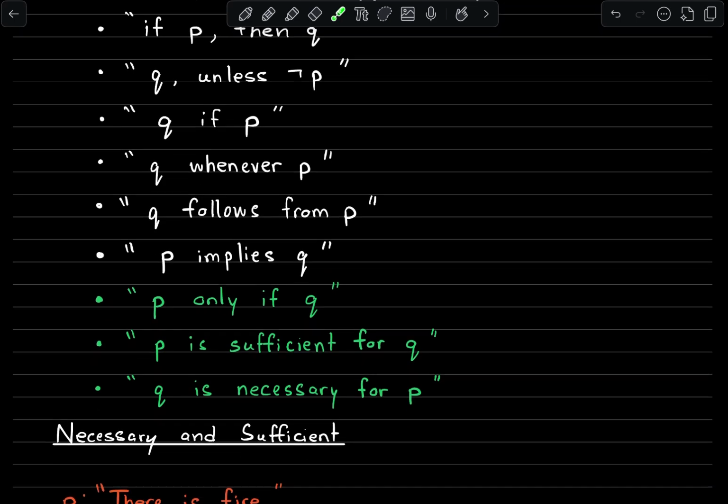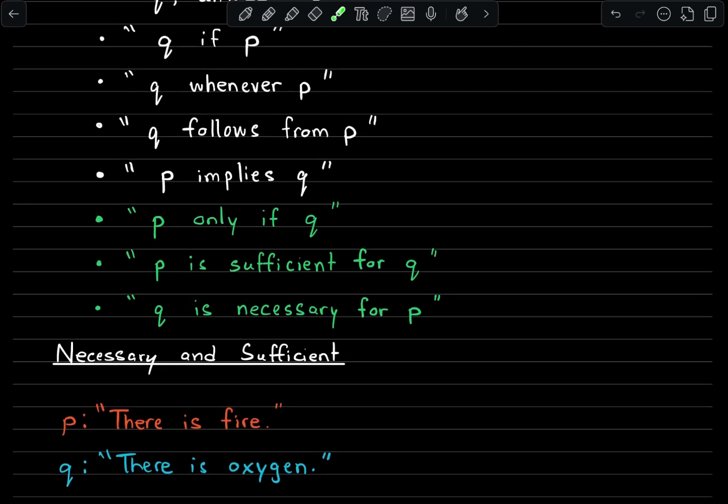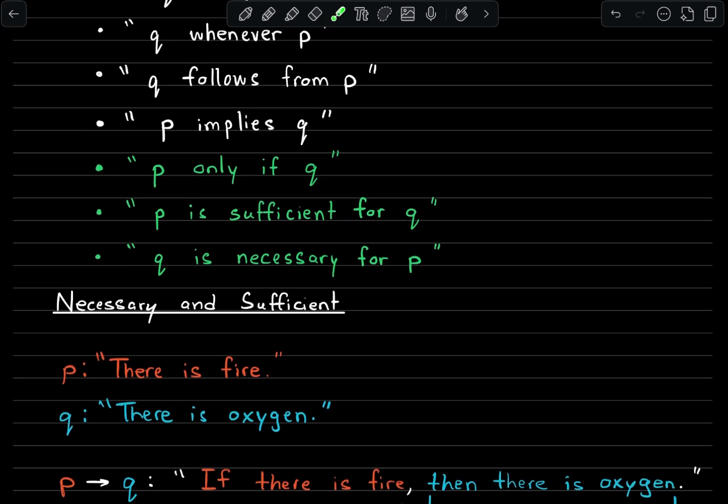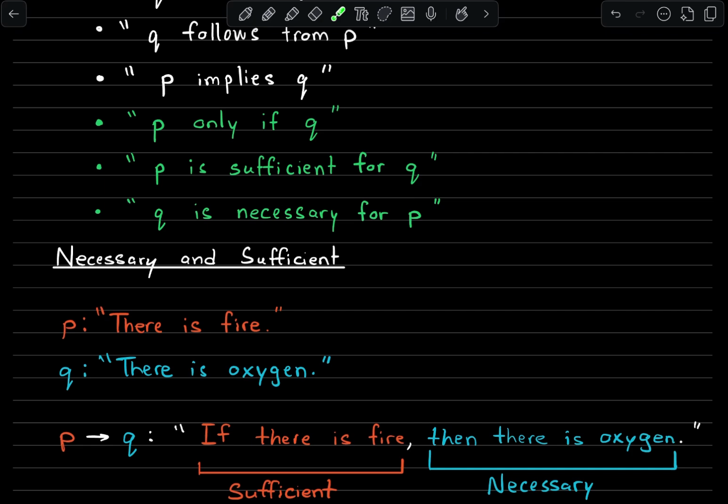So let's look at this. Why does that make sense? What are sufficient and necessary talking about? Let's suppose we have two propositions. P, there is fire. Q, there is oxygen. So if we have the statement, if P then Q, this is going to translate literally to, if there's fire, then there's oxygen.